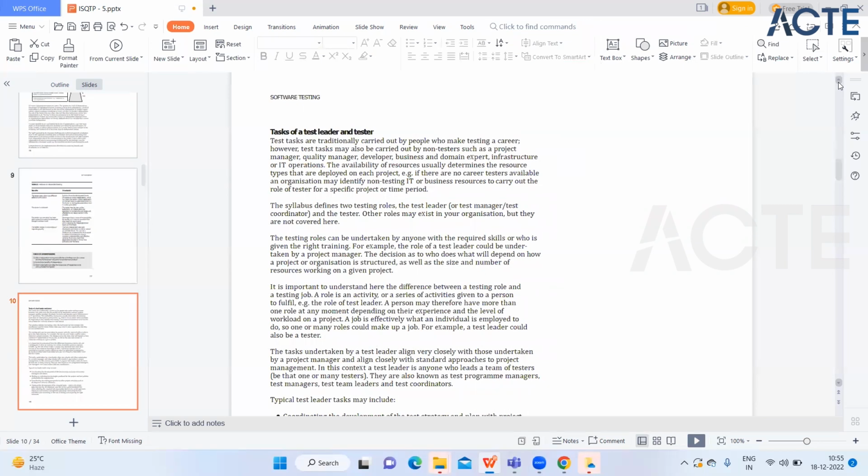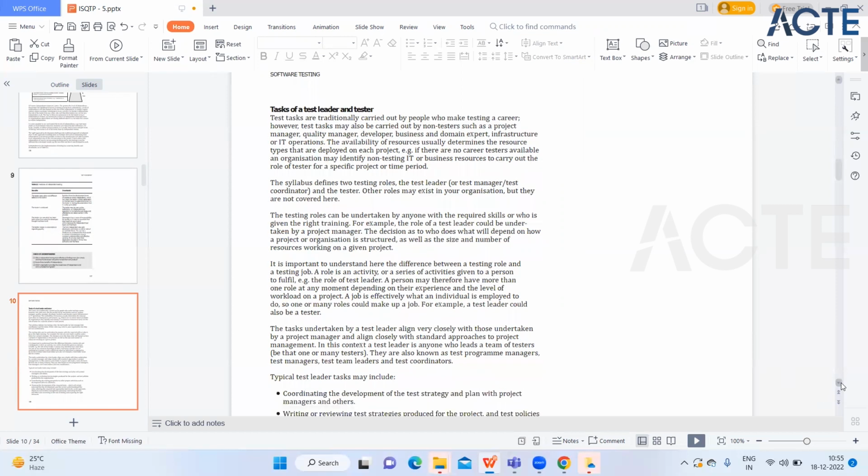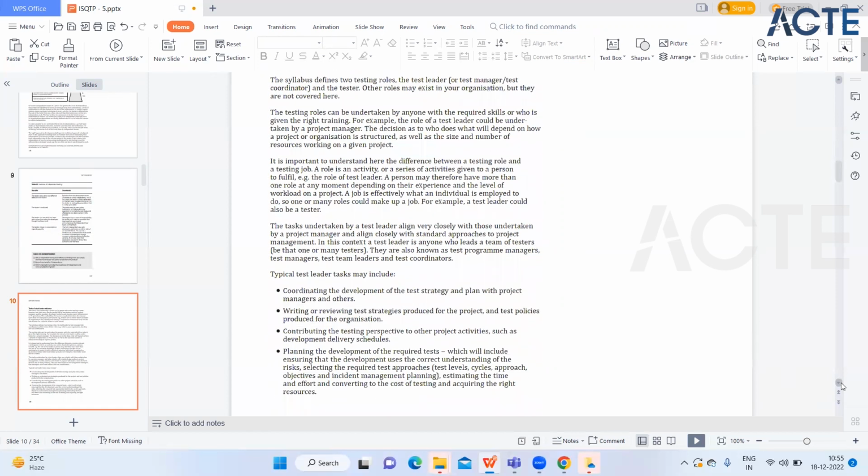Now they are explaining the tasks of the test leader and tester. So just check it from here. Typical test leader tasks may include coordinating the development of the test strategy and plan with project managers and others.